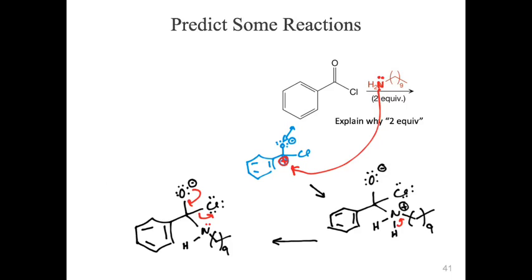Why do we need two equivalents? Because if we only have one equivalent, half of them are going to be deprotonating. When it deprotonates, what happens to the nucleophilic character of that nitrogen? Kills it. Becomes no longer nucleophilic. So that's why we need two equivalents.